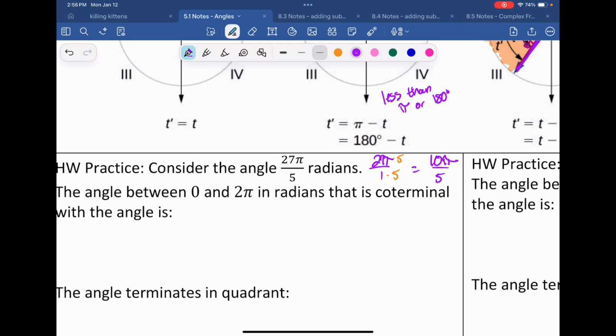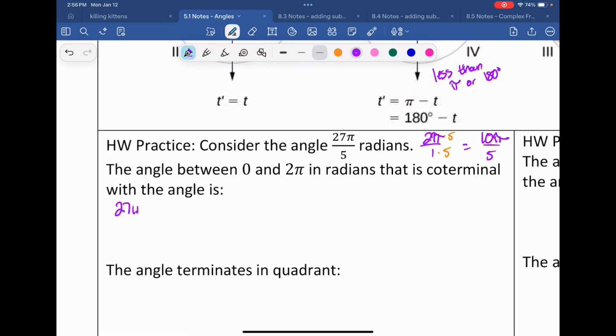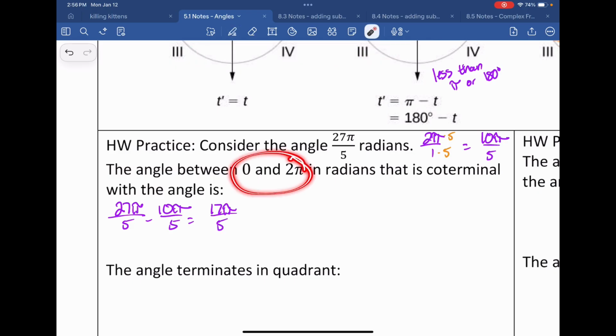All right, so I'm going to subtract. I've got 27 pi over 5 minus 10 pi over 5. Well, I need it to be between 0 and 2 pi. 2 pi with common denominator 5 is 10 pi over 5. This is still too big, so I got to do it again.